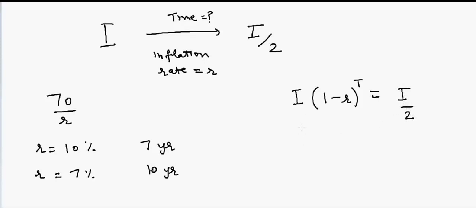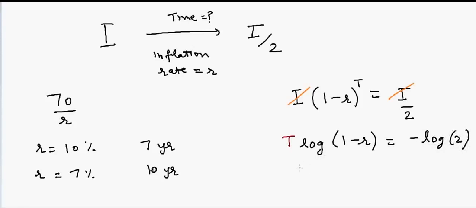In that case, if we solve this equation, the I cancels out, and we have t times log of (1 minus r) is equal to minus log of 2, right? So t will be equal to minus log of 2 divided by log of (1 minus r).